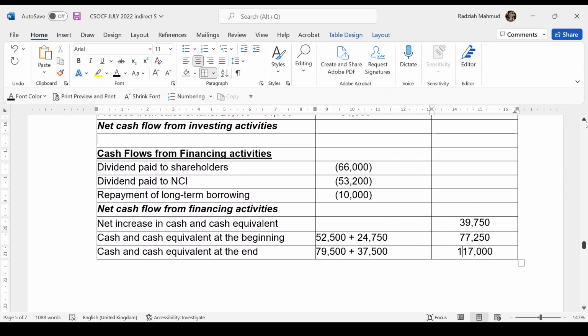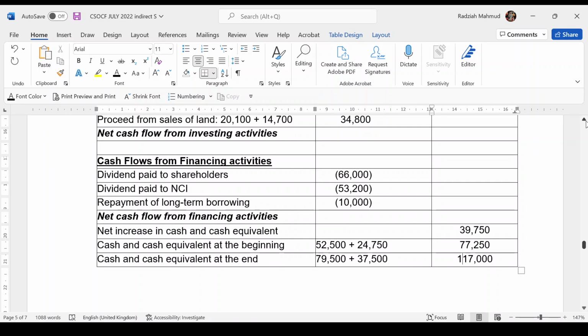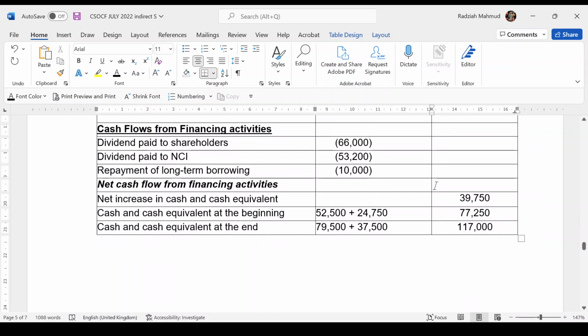If we look at the theory parts just now, it does not relate to this consolidated statement of cash flow. The theory question does not ask about the liquidity position of the company. So it means that you don't have to calculate the figure for this one.